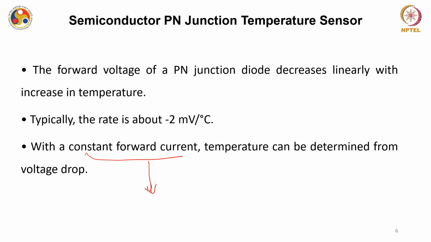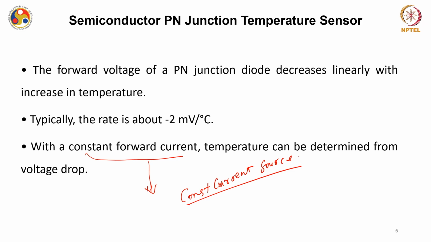When you require a constant forward current, basically what I am asking you to have is a constant current source. You might have seen that transistors can be biased in different configurations, including being biased such that they act as a constant current source.